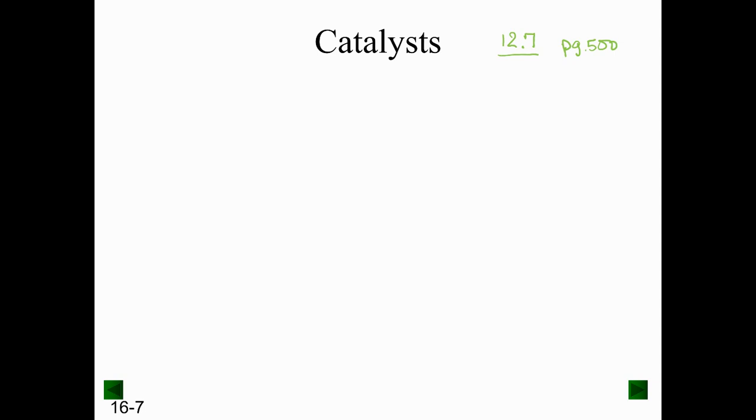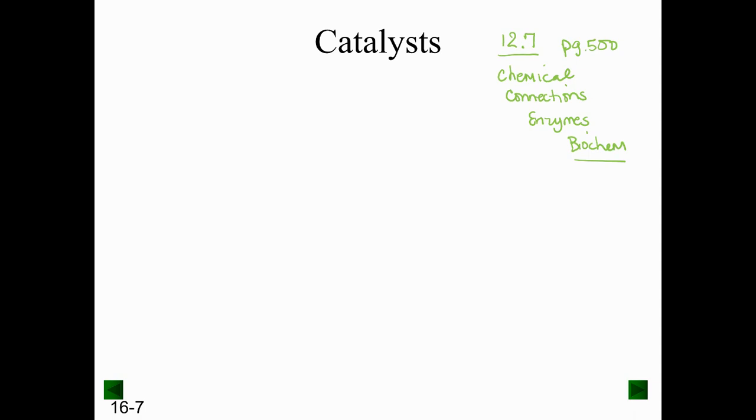I love the part at the end, there's a great box called Chemical Connections called enzymes. If you're interested, that's our biochem example. I really do like that, but I just won't lecture on that part. If you want to make a connection to something a little more interesting from a biology or biochemistry perspective, then read that section.